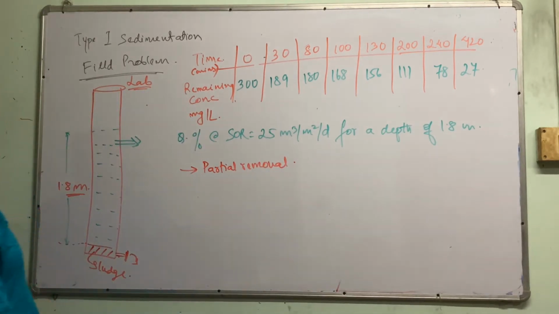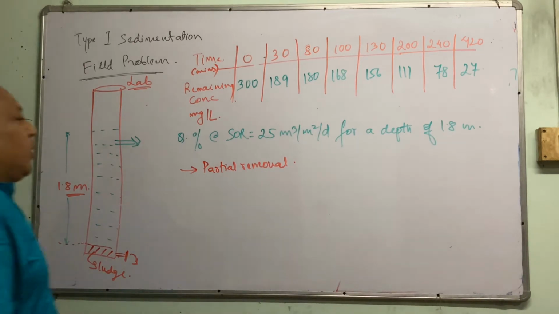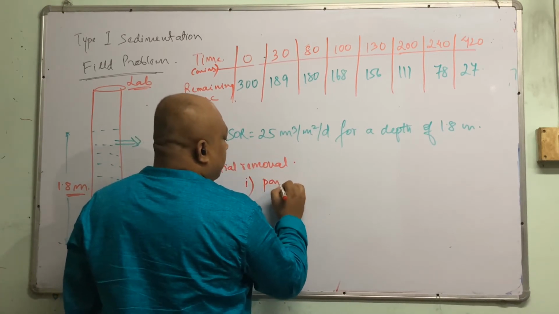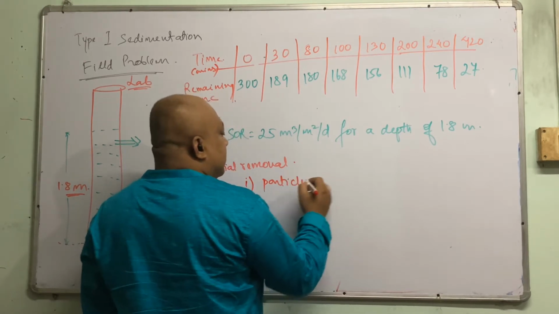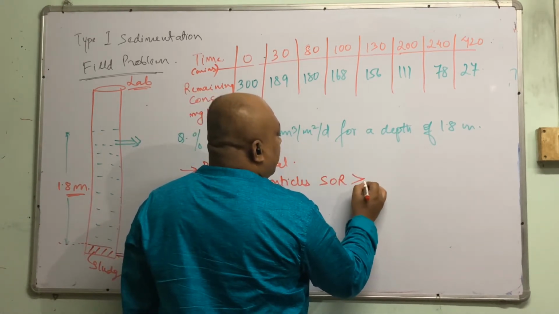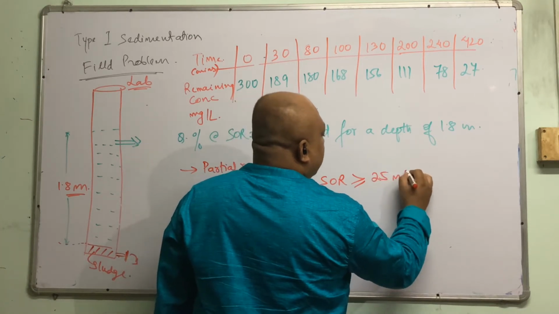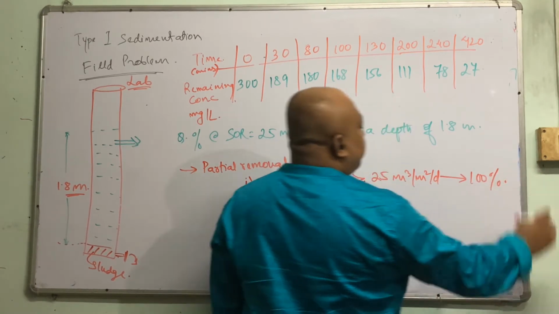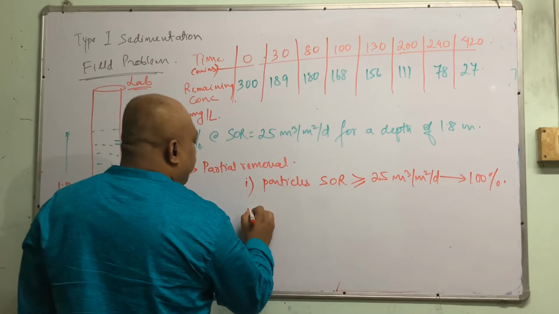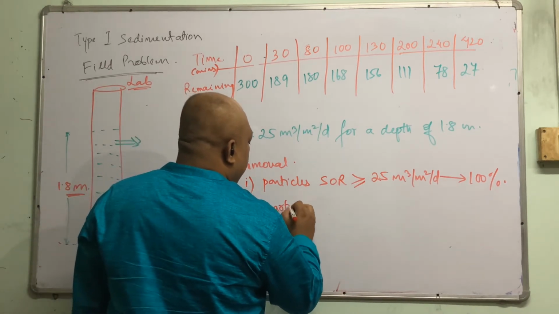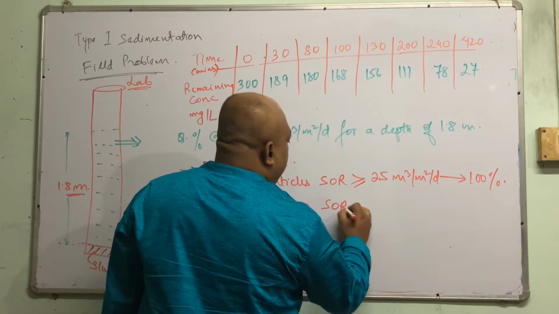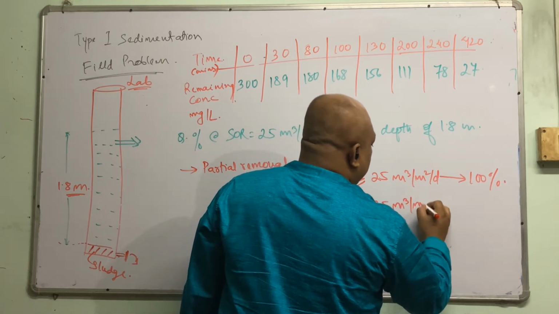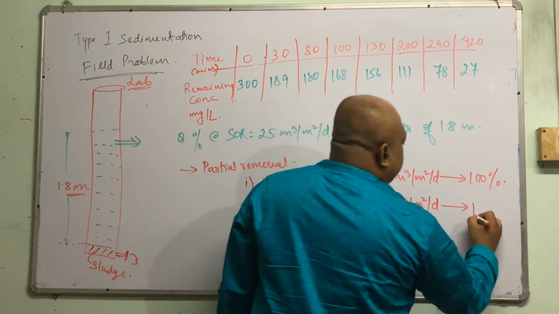Now for partial removal, the idea is, number one, I'm just reminding you, particles whose SOR is equal to or greater than 25 meter cube per meter square per day will be 100% removed, correct? Number two, particles whose SOR is less than this design value of 25 meter cube per meter square per day will be removed partially.